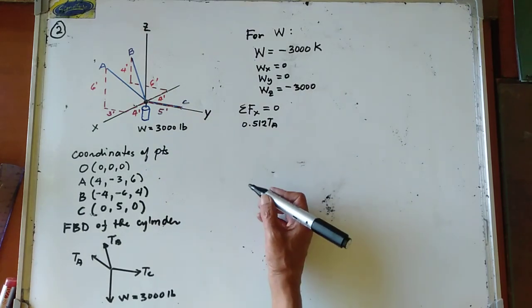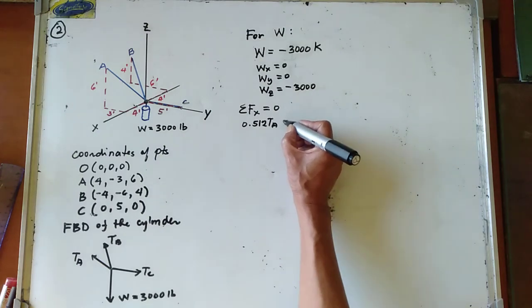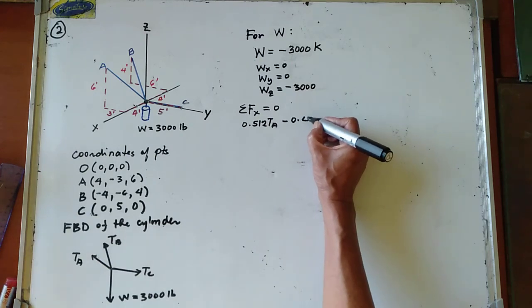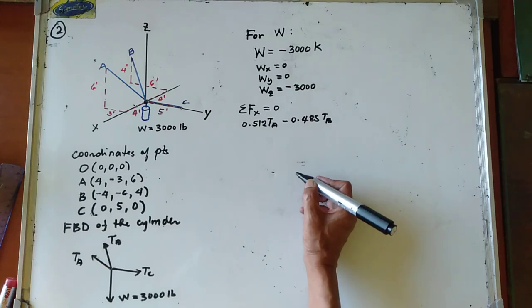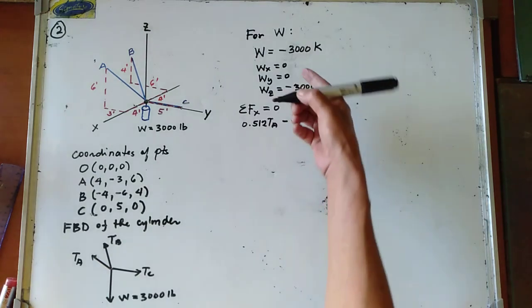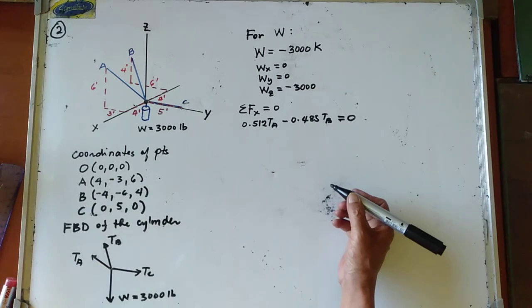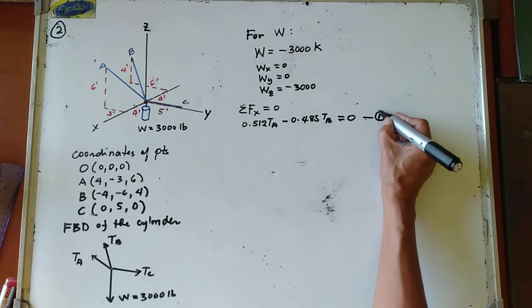And your T sub Bx is equal to minus 0.485 T sub B. And your T sub Cx is equal to 0, and Wx is equal to 0. Hence, this is equal to 0. So let us consider this one as the first equation.